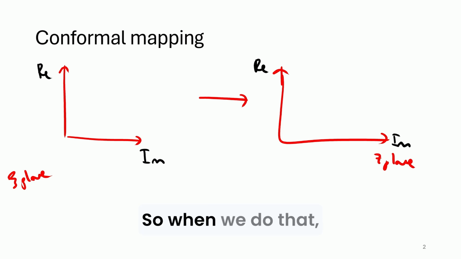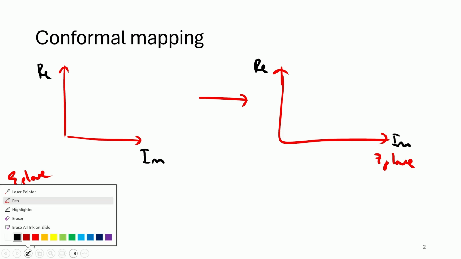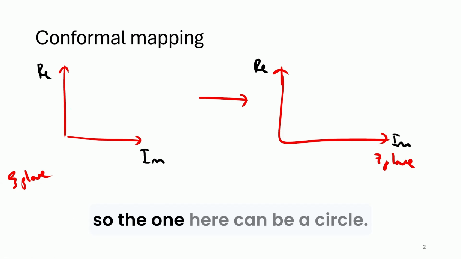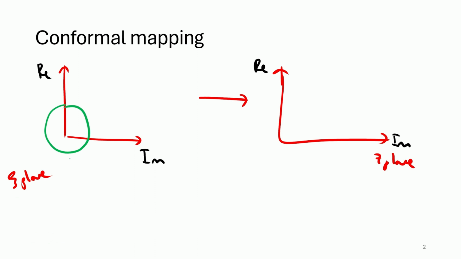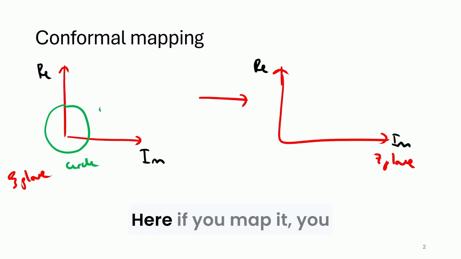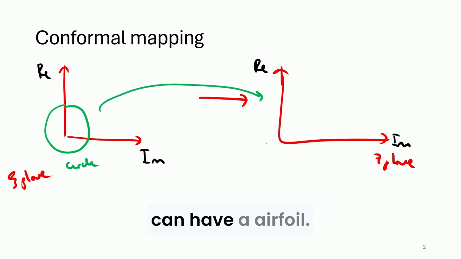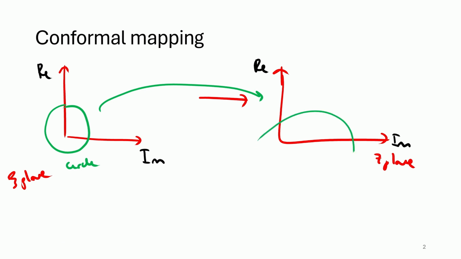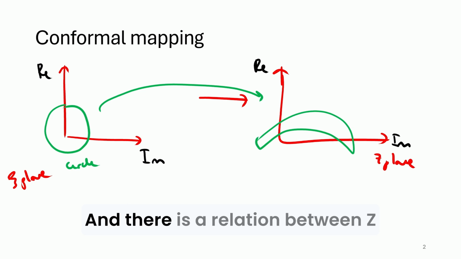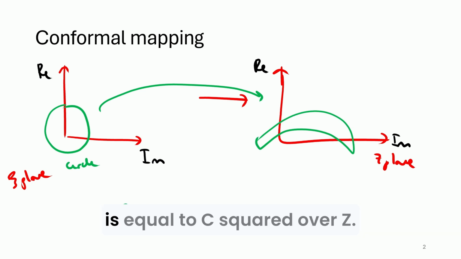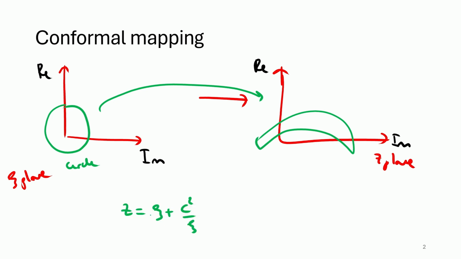Okay, so when we do that, the one here can be a circle. Here, if you map it, you can have an airfoil. And there is a relation between z is equal to zeta plus c squared over zeta.